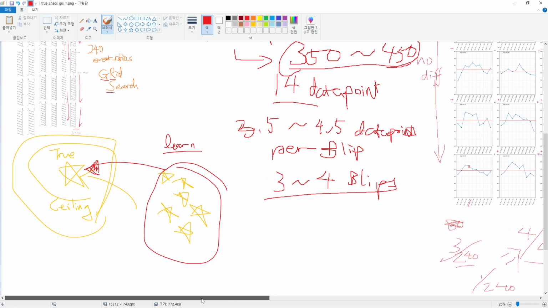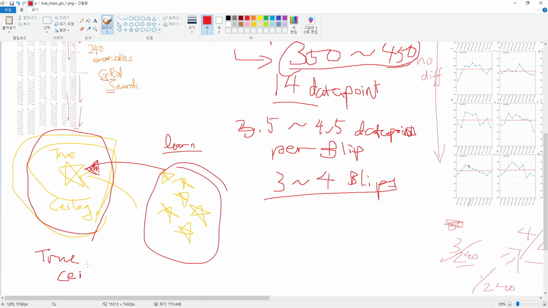So when the opportunity to converge, meaning when a true ceiling has presented itself, the entities will converge within 3 blips.